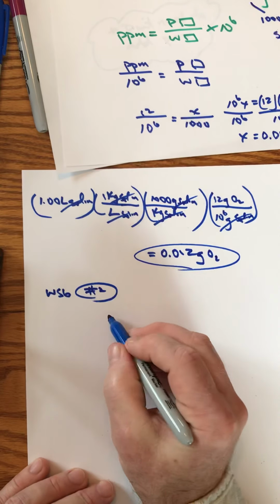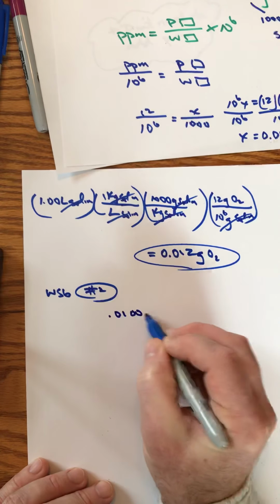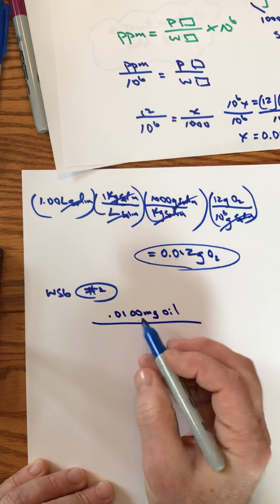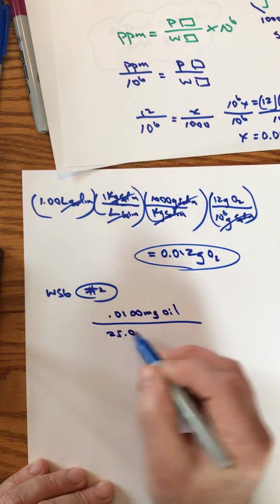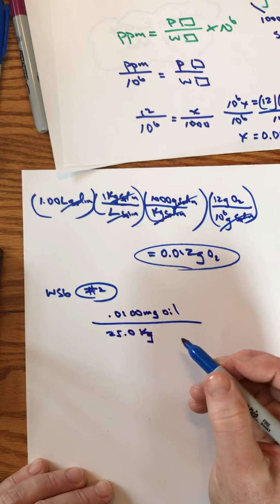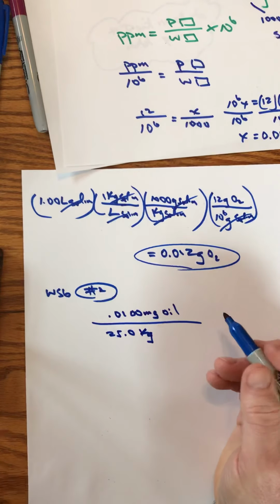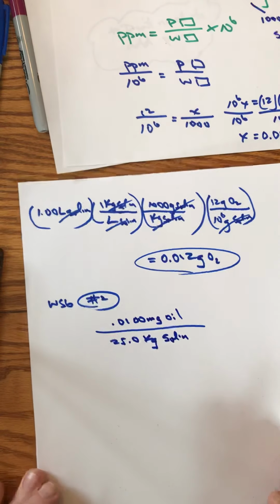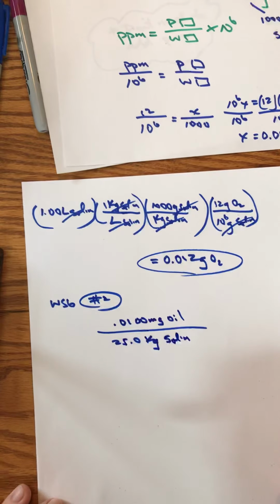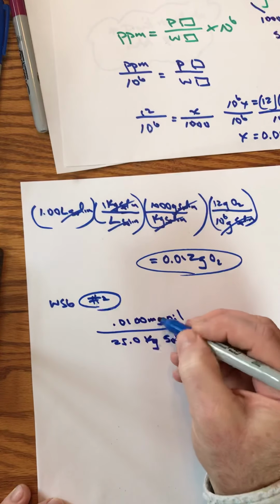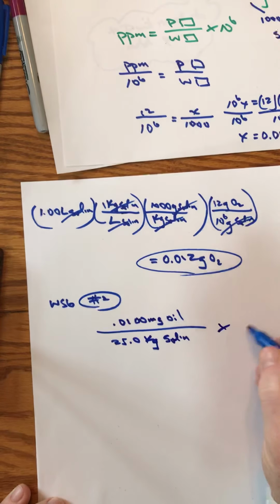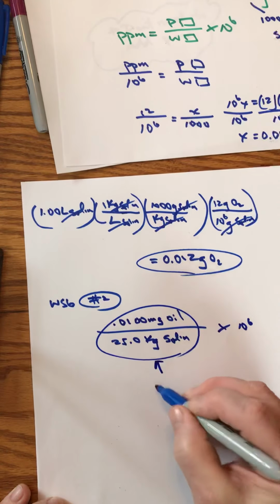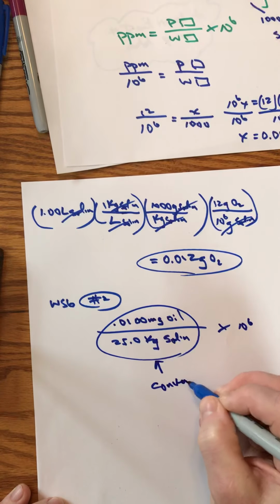So I've got 0.0100 milligrams of oil in 25 kilograms of the water, the storm water, so we'll just call that solution. It's not just water. Apples and oranges. But if I get these to be the same and then multiply by 1,000,000, I'll be fine. But I convert one or the other or both.